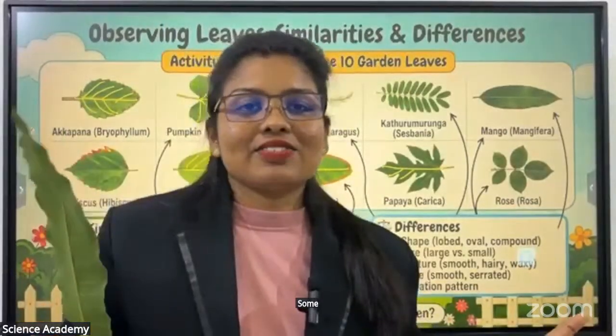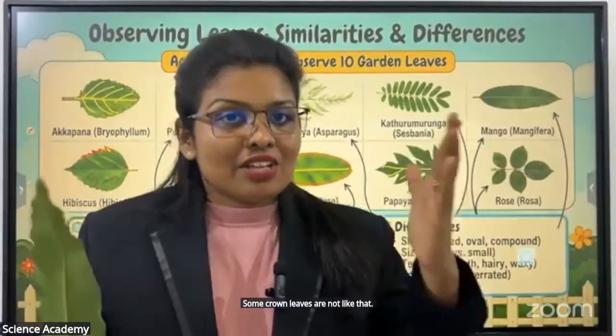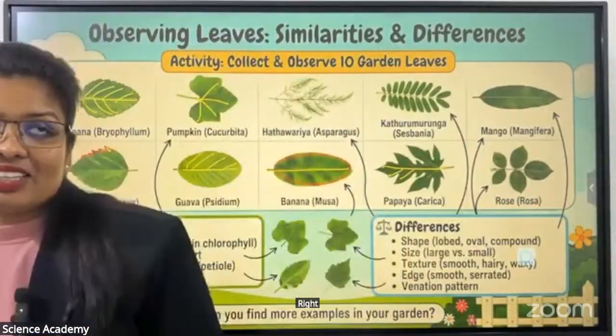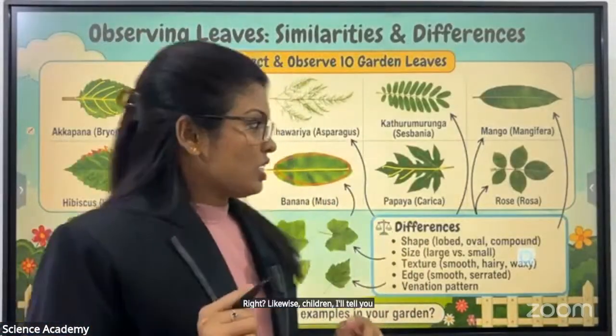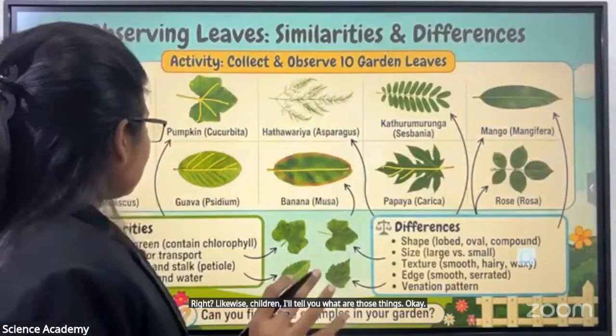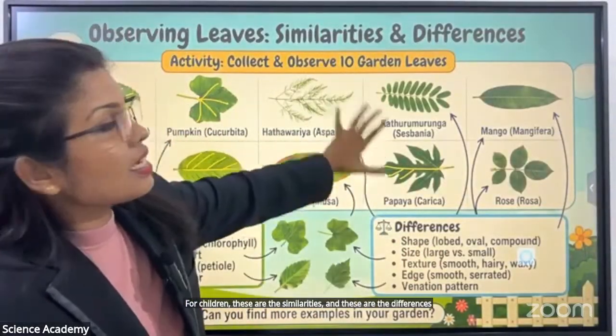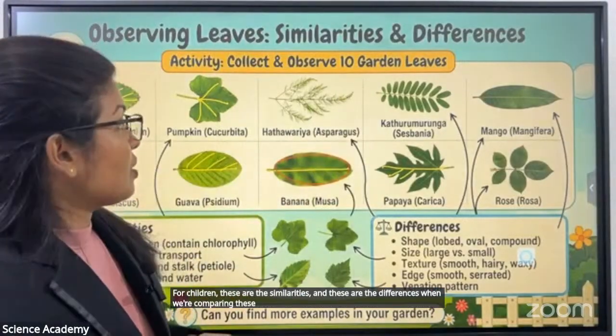Some plant leaves are not like that. The veins are located parallel. I'll tell you about those later. So children, these are the similarities and these are the differences when comparing these plant leaves.